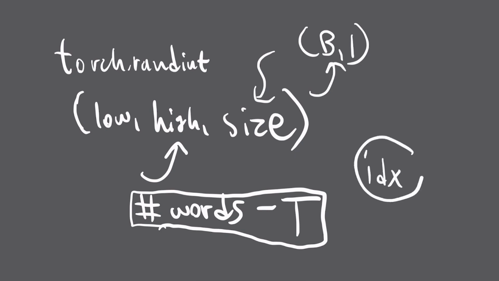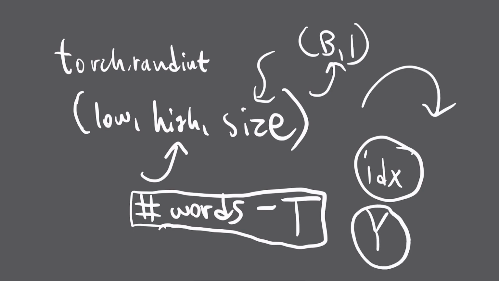But if this is exclusive, then we would not include the final index as a valid starting index, because we want to still have capital T remaining tokens left after the starting index so that we can have the complete Y, right? Y contains our labeled answers. If the starting index was one of the last indices in our list of words, that wouldn't make sense because there's no word after that for the model to learn to predict.